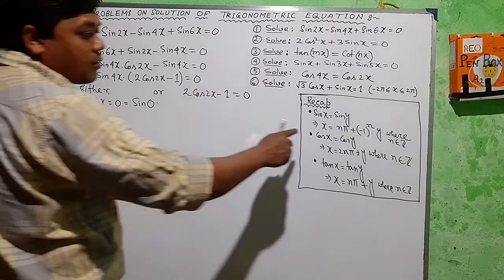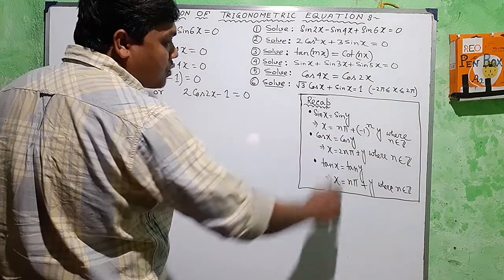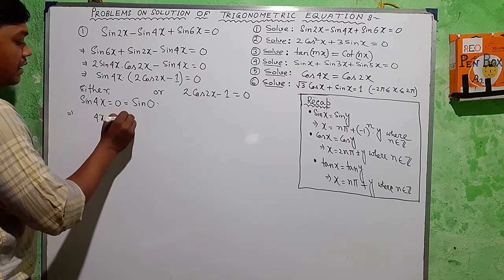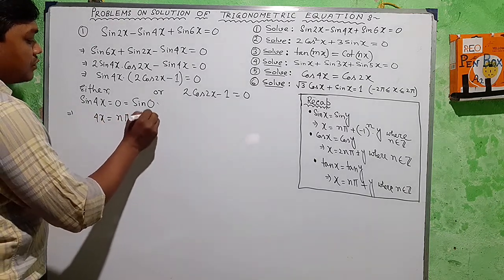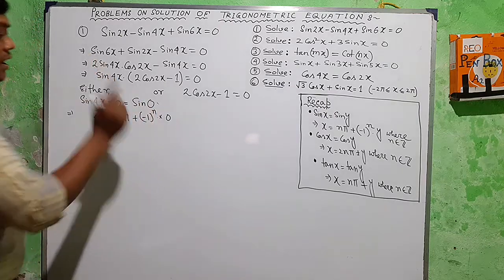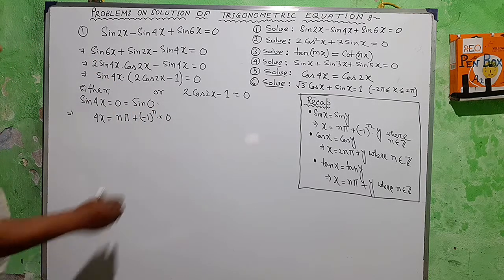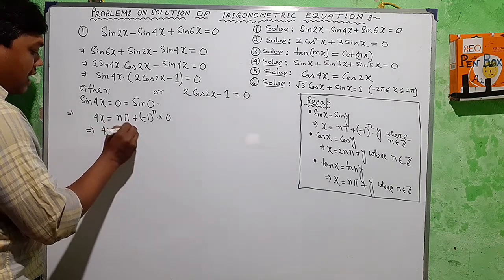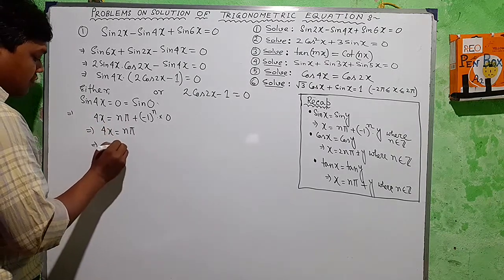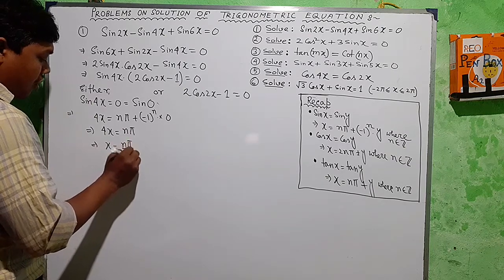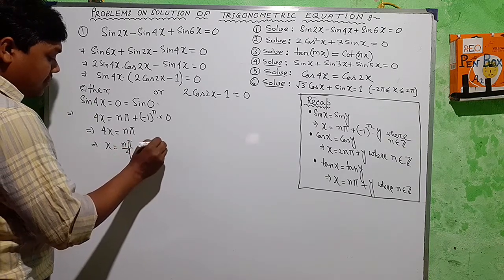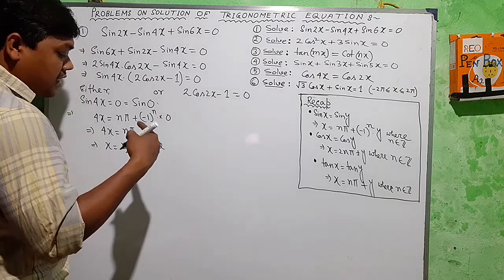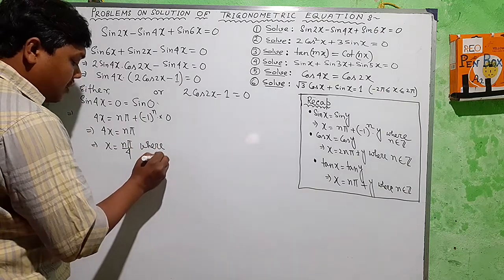Then by using the formula, 4x equals n pi plus minus 1 to the power n into 0, where y equals 0 and n belongs to Z. So clearly 4x equals n pi, and that gives x equals n pi by 4, where n takes the values 0, plus minus 1, plus minus 2, or n belongs to Z.